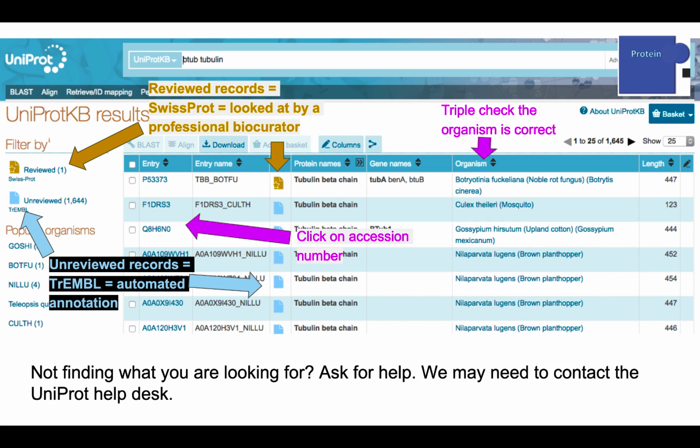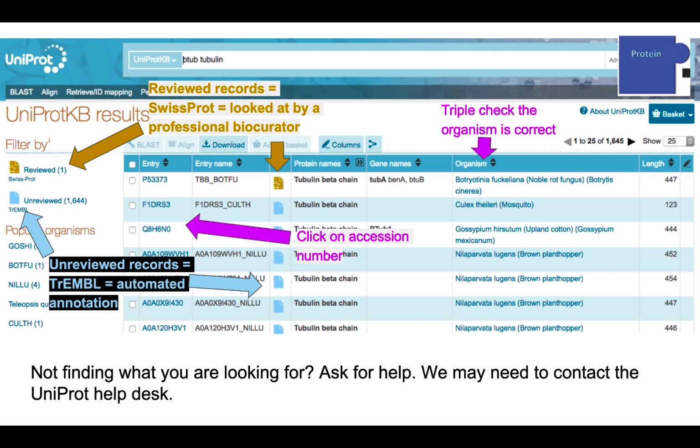I want to give you some information about the typical output. There are two very important things: the blue and light blue stuff, and then the gold arrows. UniProt can be divided into two sections. There's the unreviewed section, which is the light blue stuff, and then there's the reviewed section, or SwissProt, which is the gold stuff. Light blue means there's a protein sequence out there and it's here in our database.